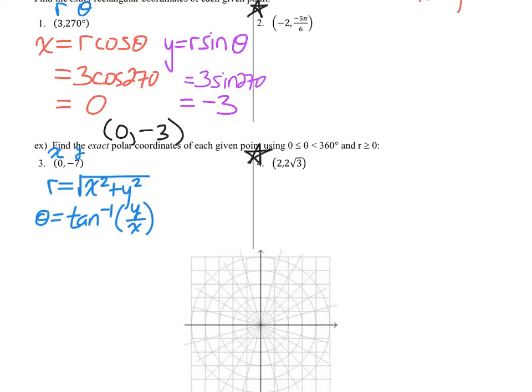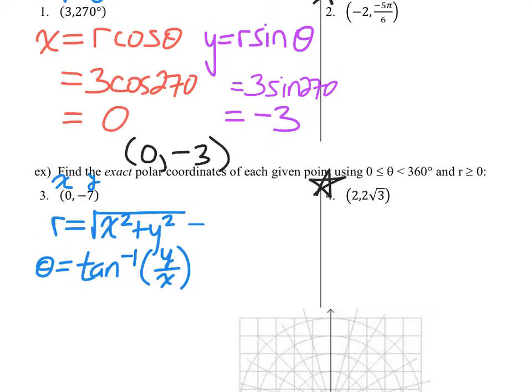All right, so zero squared plus -49 squared. That's going to give me a 7. And then for the other one, oh, sorry. It would have been 49.